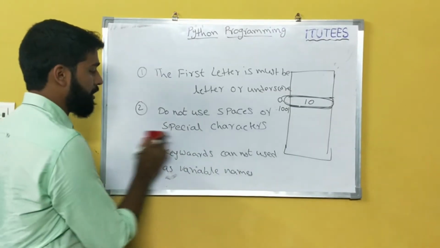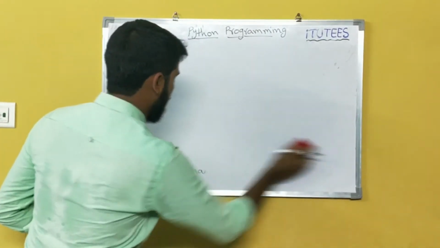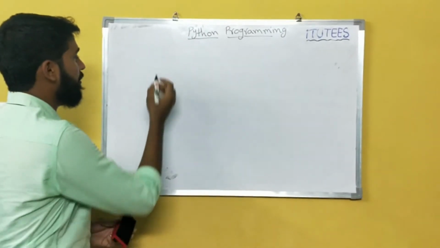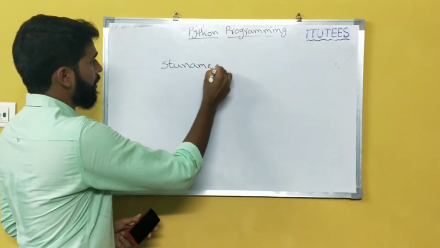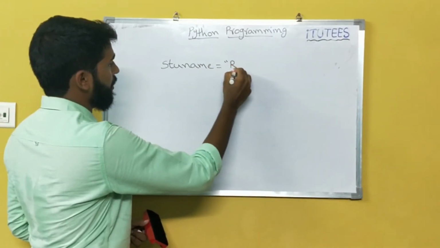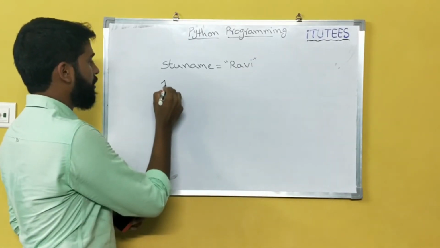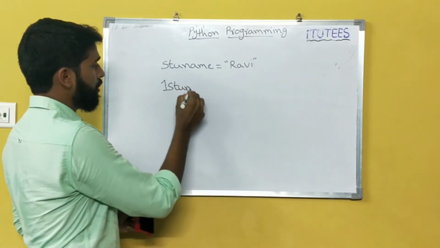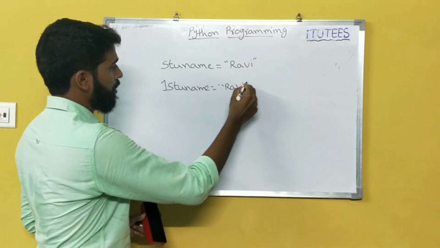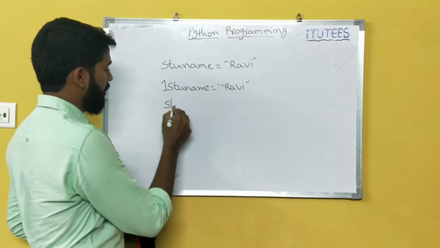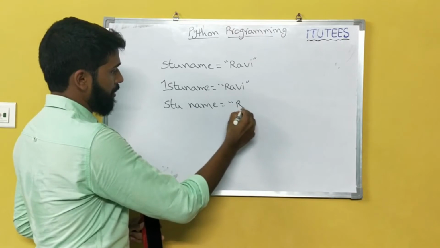Now let us see examples. I am defining a variable stu_name equals to Ravi. Another one is 1stu_name equals to Ravi. Another one, stu space name equals to Ravi.